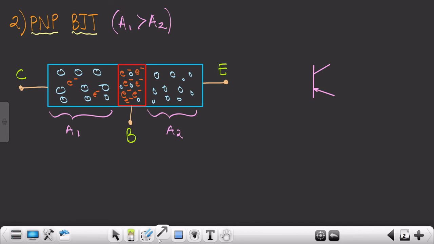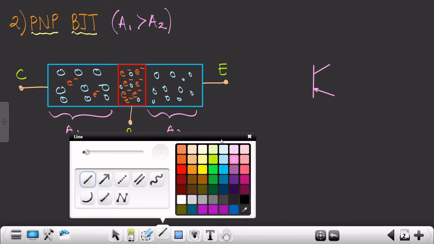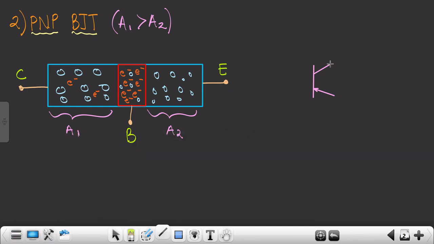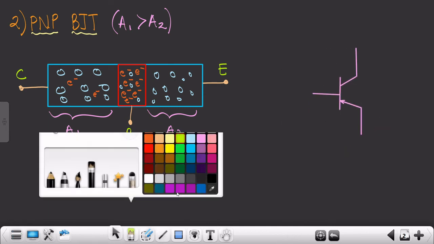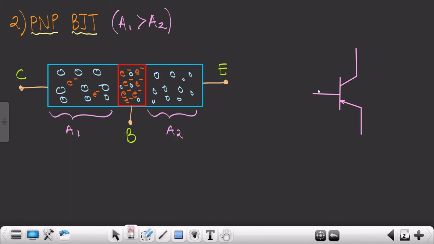Then we draw this electrode in this way, and this one in this way. Let me draw these dots, indicating that these are the electrodes of the transistor, and then we are good to go.